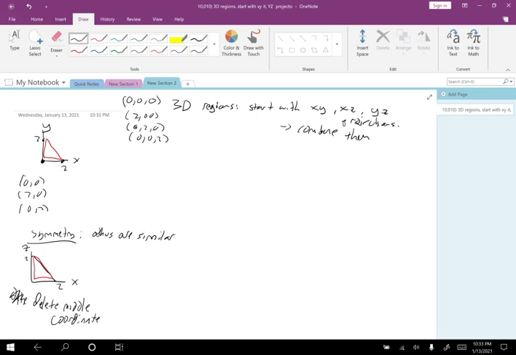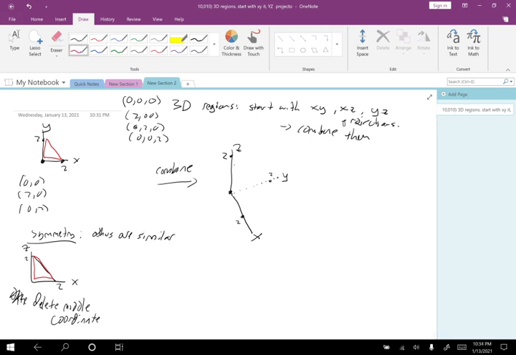So now we're going to somehow combine these things. And I'm going to put my z up top. I'm going to put a dashed line for my y to indicate it is going backwards. And I'm going to put a regular line for my x. So I'm going to plot all these points. Here's the 2, here's the 2, and here's the 2, and here's the 0. And you can see we're going to get triangles in each case.